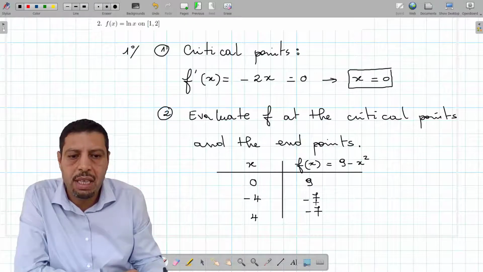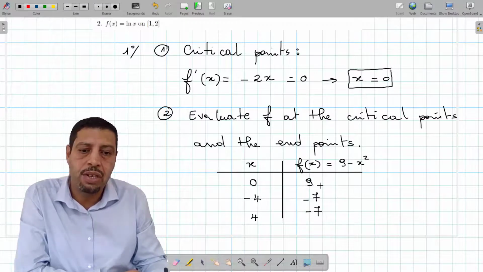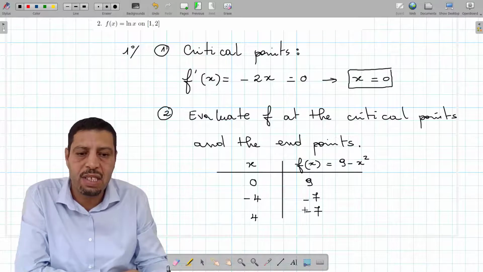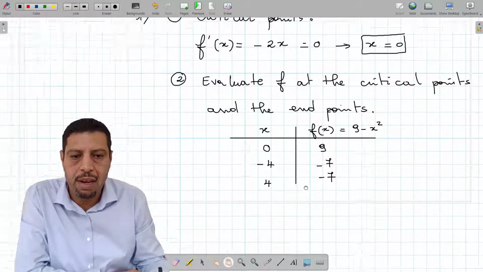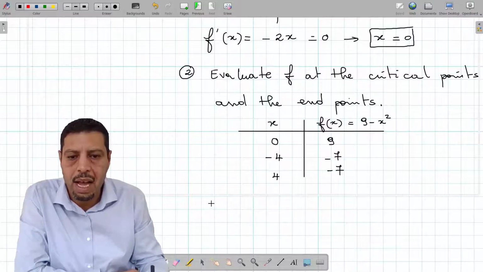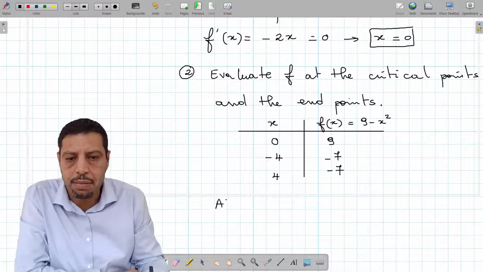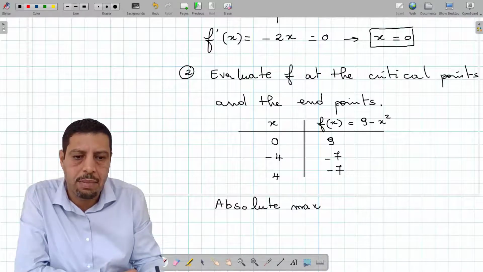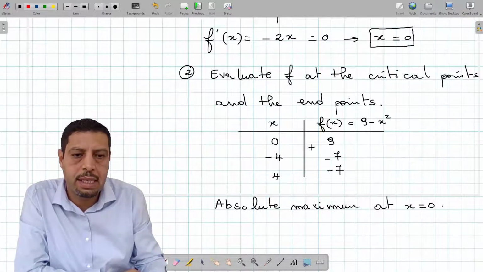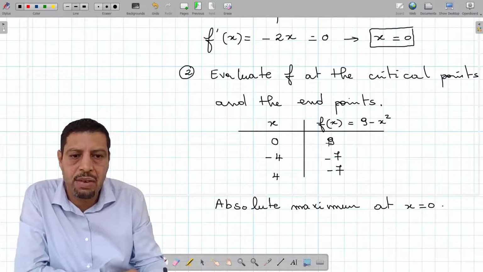Here, you identify the highest value. It's going to be your absolute maximum, and the lowest value will correspond to the absolute minimum. Therefore, we can conclude here that our absolute or global maximum is at x equals 0, since the 9 here is the highest value, and the lowest value, of course, is negative 7.